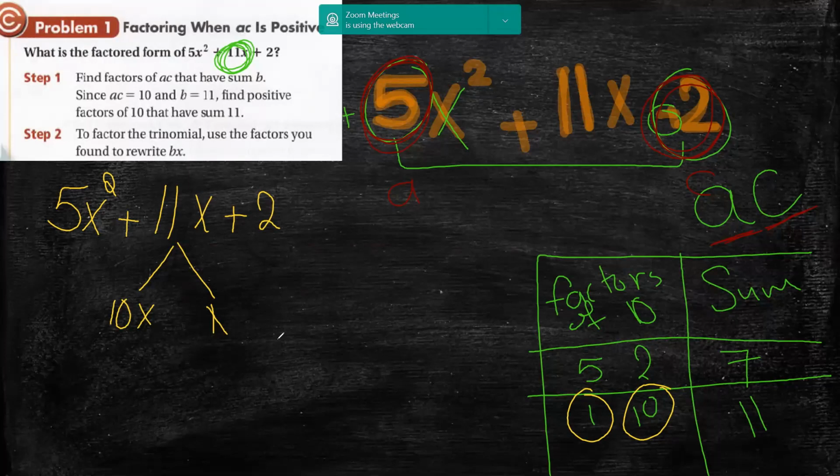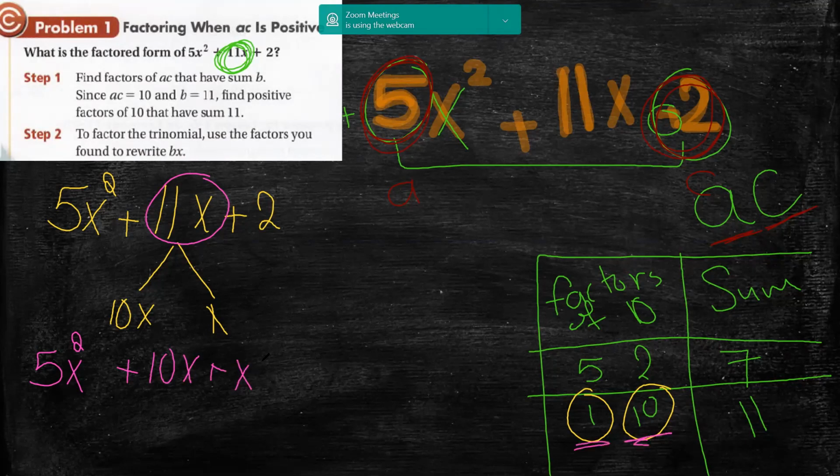So it's like 5x squared plus, instead of writing 11x, you have to write 10x plus x, then I will write plus 2 down. Is it clear now?